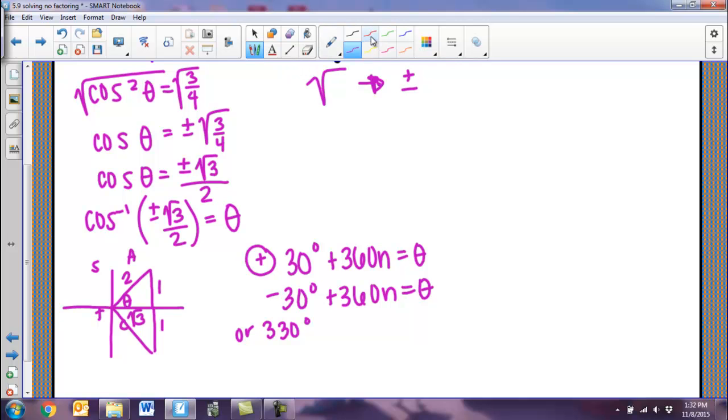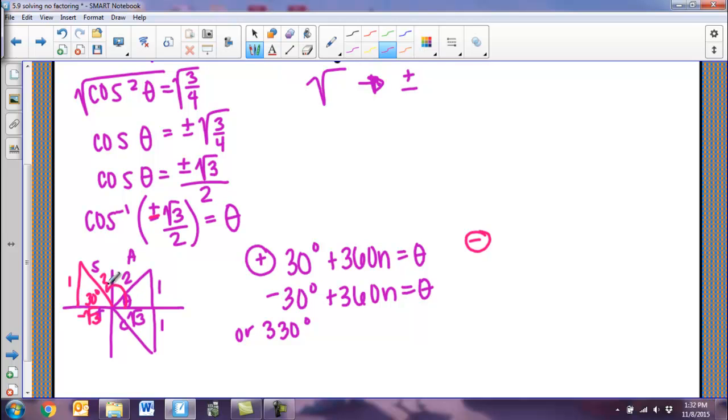Those are the positives. Now I also have to think about the negatives, because remember, we had plus or minus. So I'm going to think about where on my unit circle I have a cosine value of negative root 3 over 2. My first place where cosine is negative is in quadrant 2, and that would give me a 30-degree reference angle.